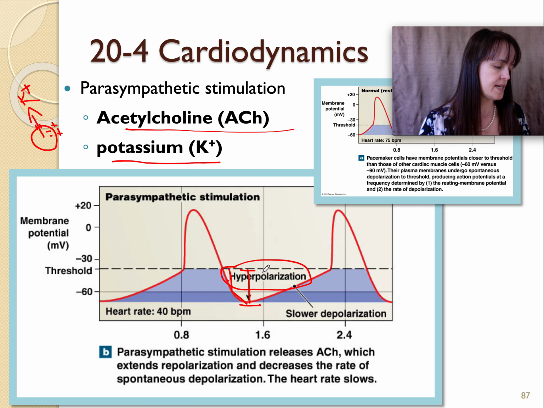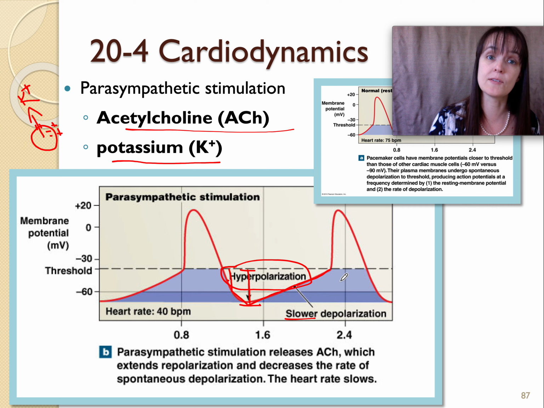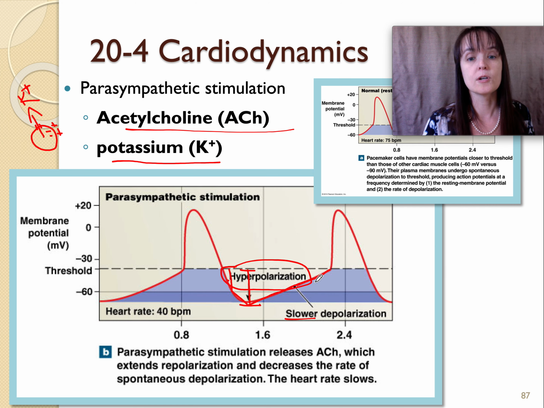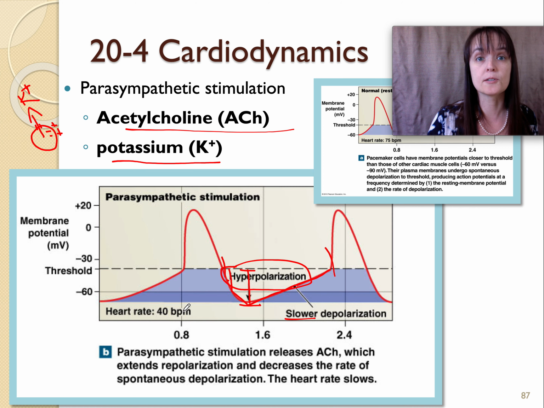Since it's further away and it's depolarizing at the same rate, it's not that it's slower, it's that it's further away and it takes longer. It's going at the same rate as it always does. It's just further away. And that therefore slows your heart rate because it takes so much longer to reach threshold again.